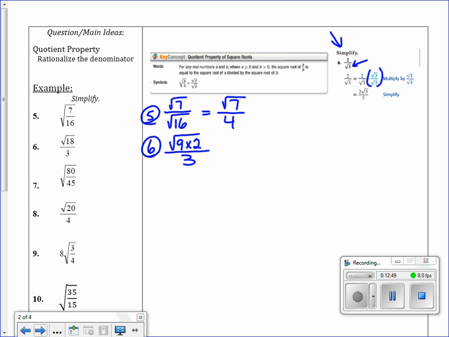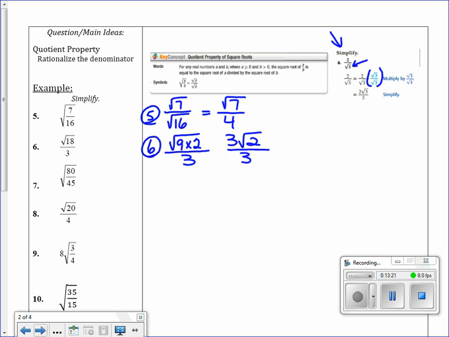The square root of 9 we know is 3, so I have 3 times the square root of 2. And if it's okay with you, I skipped that step of saying the square root of 9 times the square root of 2. I just simplified that 9 and went straight to 3. If you have an issue with that, please mark here on your paper and we'll talk about it in class. And I'm putting it all over 3.